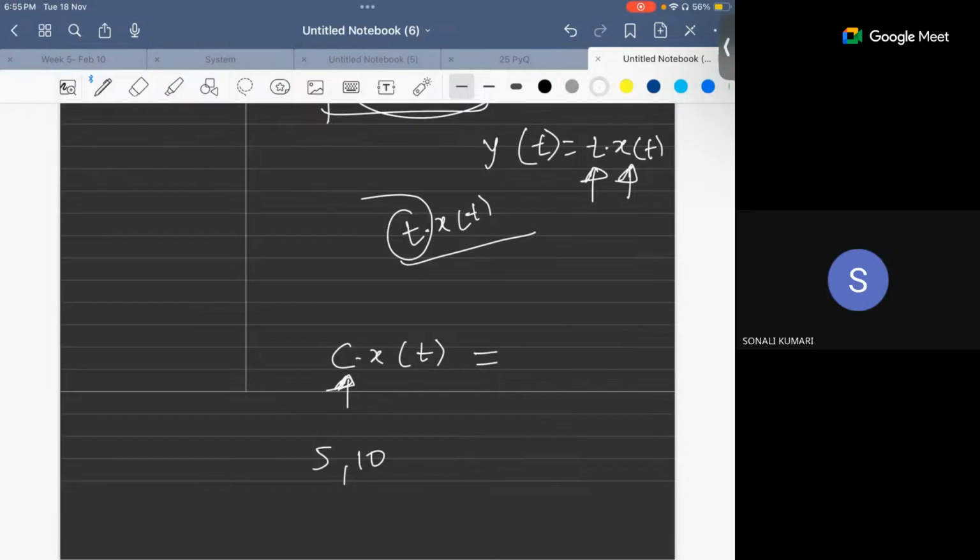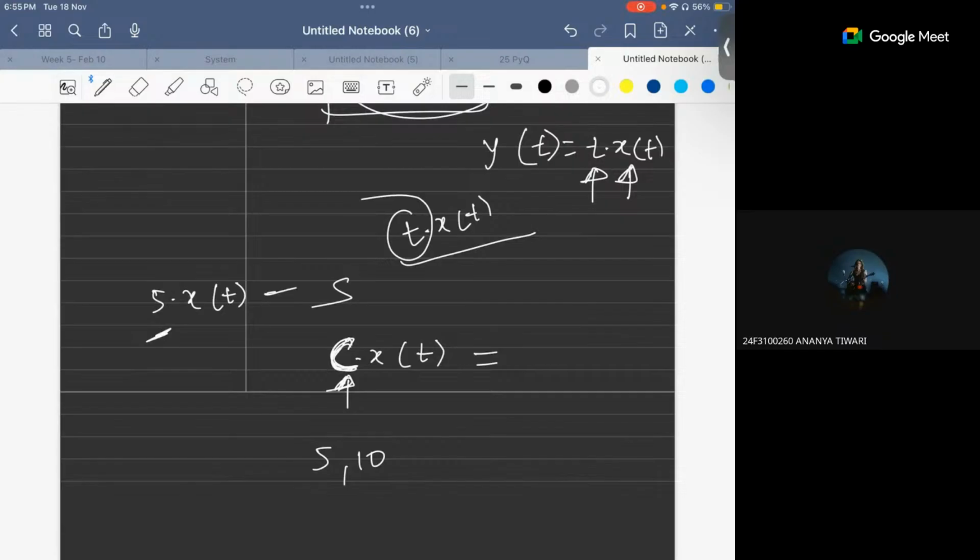It is a finite value. Constant means some fixed value. Let's take for example 5 times xt. Stable, right? Because this is 5, some finite value, and xt is also finite for sure. So that's why it is stable.